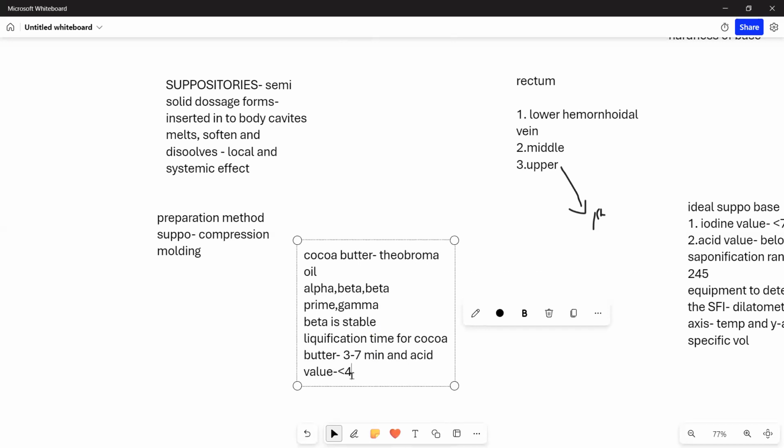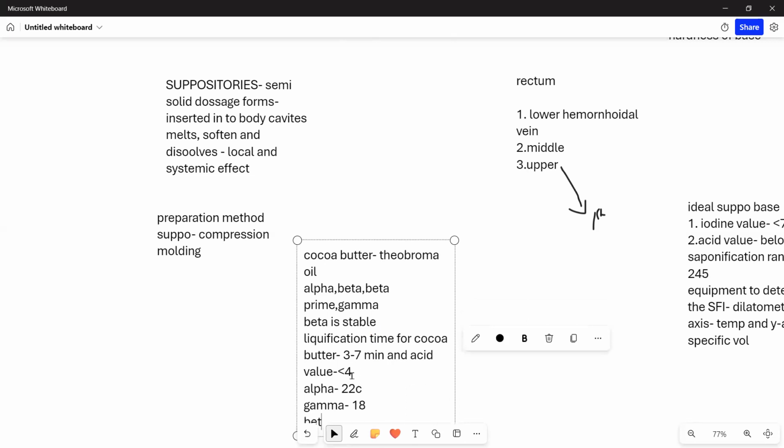So determining the melting points of the different forms is very important. For alpha, the melting point is 22 degrees Celsius. For gamma, it is 18.